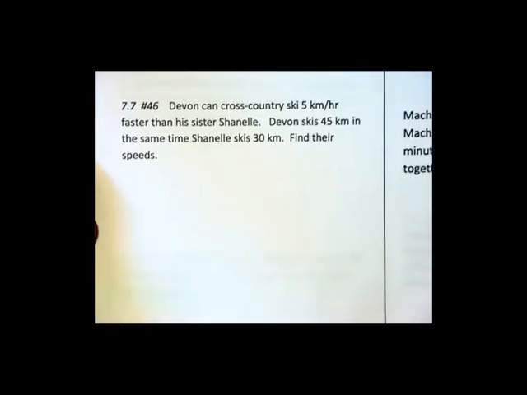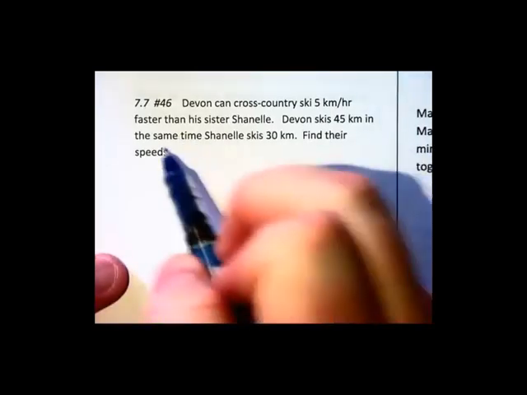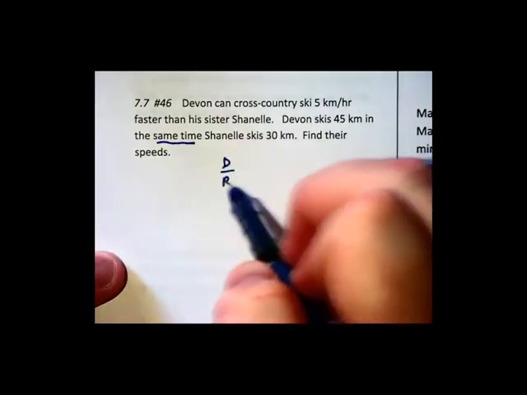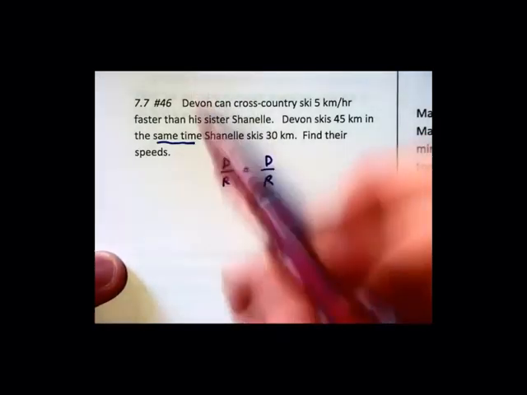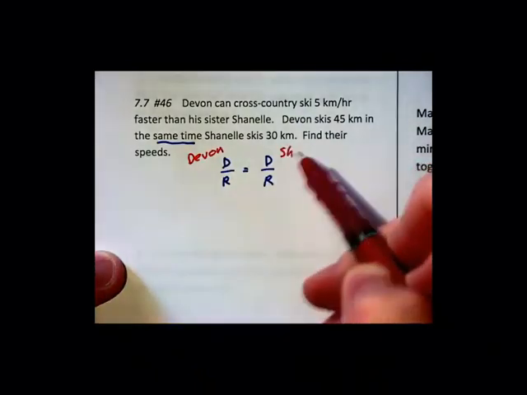Okay, here we go with the next problem. Devin can cross-country ski at 5 kilometers per hour faster than his sister Chanel. Devin skis 45 kilometers in the same time. Again, we've got same time, so we're going to have time equals time, d over r equals d over r. Devin is going to be on the left, and Chanel is going to be over here on the right.